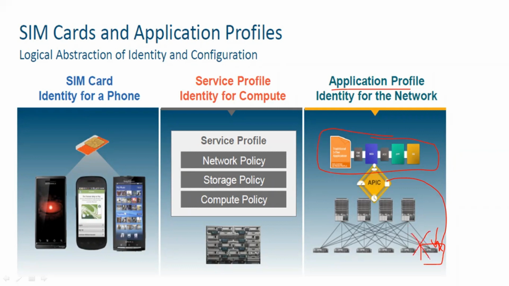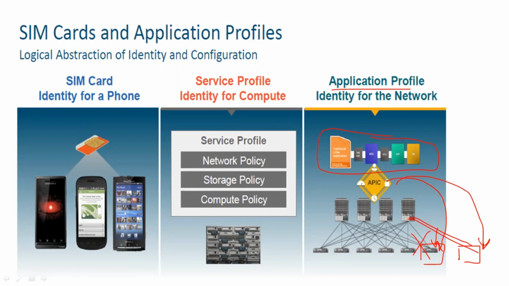If this leaf goes down, just replace it with another RMA leaf and connect it to the spine, and the APIC will push the same policy to this leaf, with the same name and everything. So you don't need to do this configuration again. APIC will take care of that. So that's the meaning of the application profile.